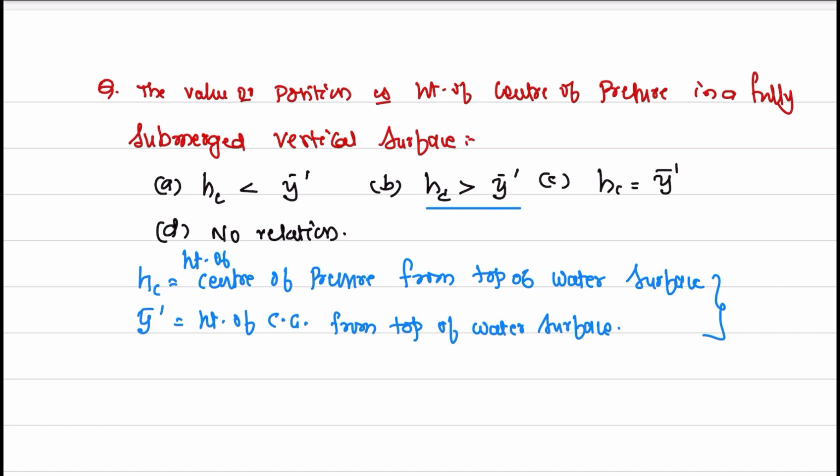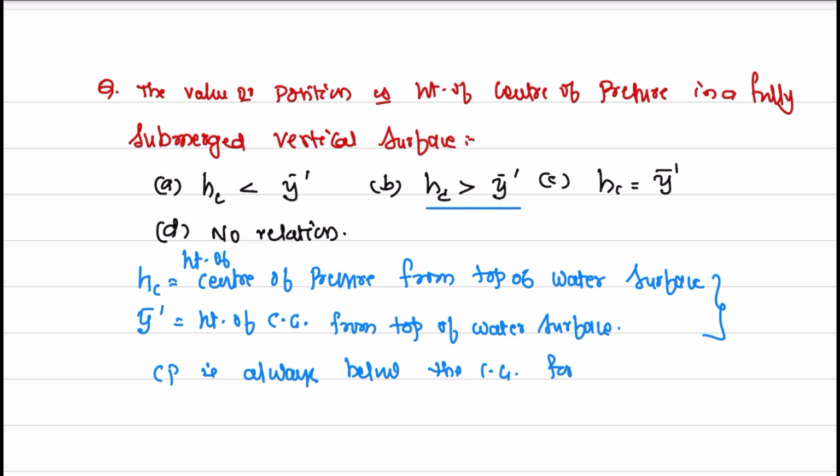Center of pressure is always below the center of gravity when the depth is calculated from the top water surface.